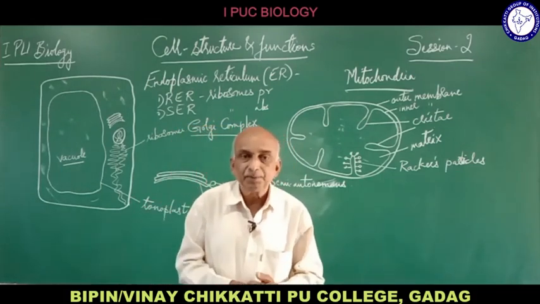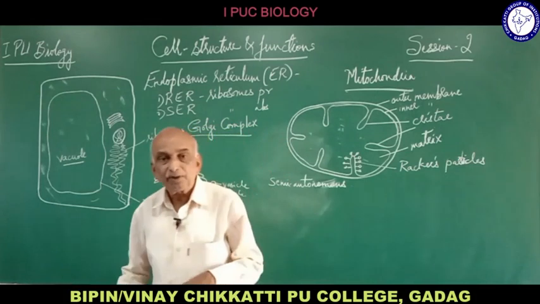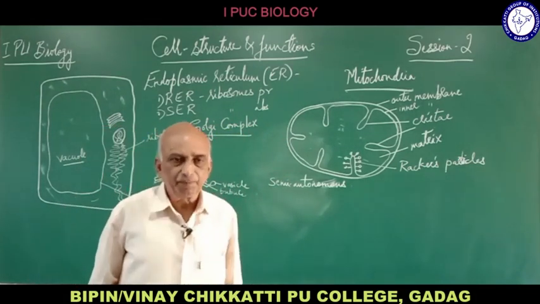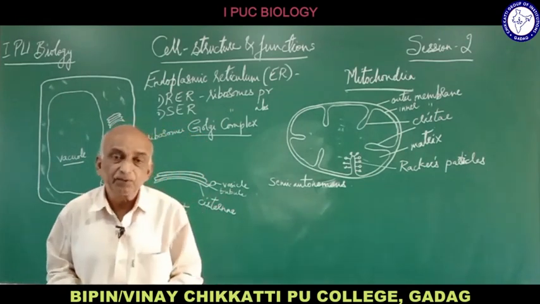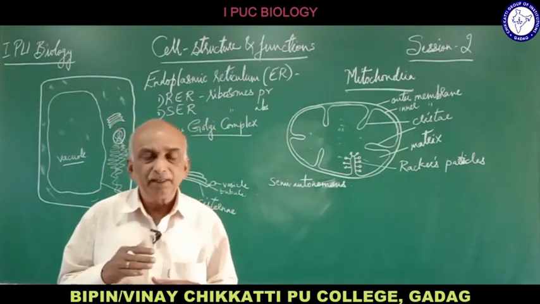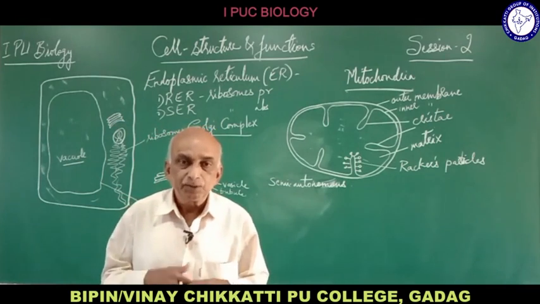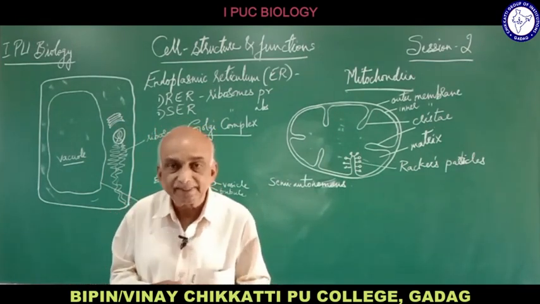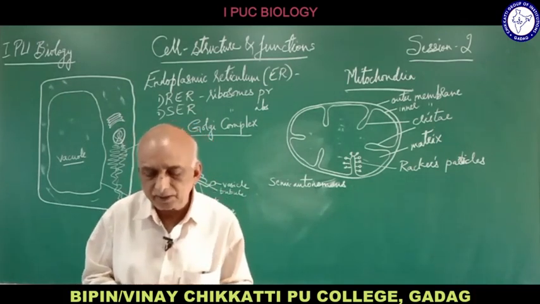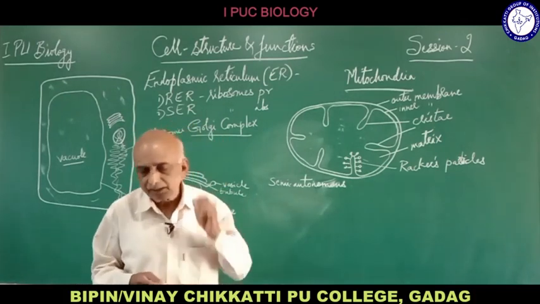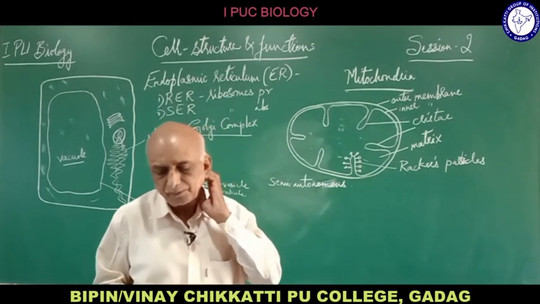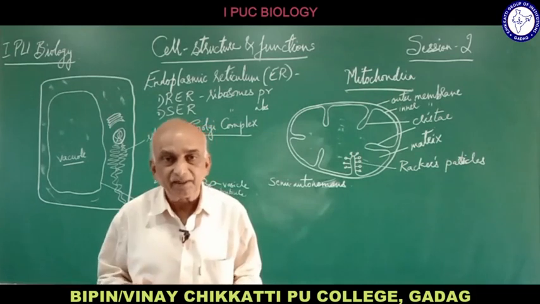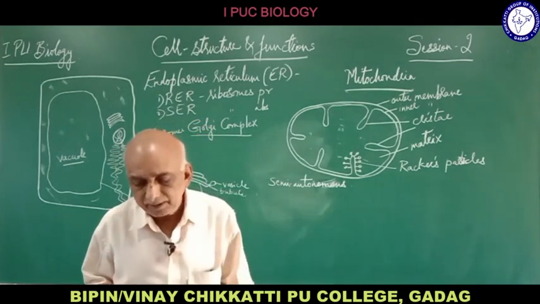But actually, during cell division the mitochondria increase in number by a process called fission. Each mitochondrion splits into two and they become double in number, so that when the cell divides and forms two daughter cells, there will be no deficiency or reduction in the number of mitochondria. The pre-existing mitochondria divide by fission and increase in number.